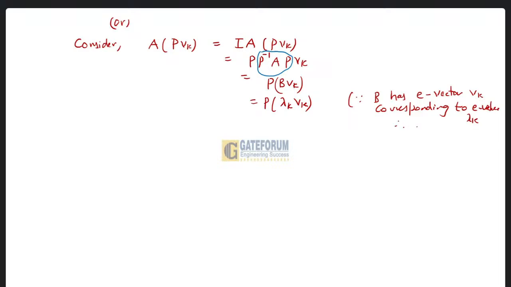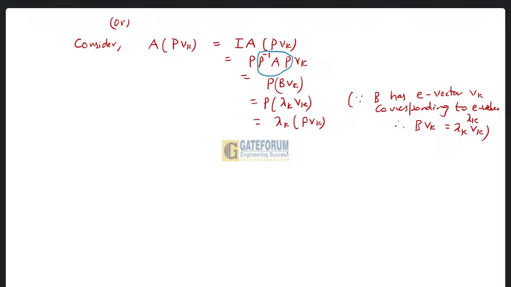Therefore, the relationship between matrix, eigenvalue and eigenvector is B into Vk is equal to lambda k into Vk. Am I correct? Ax equal to lambda x is the definition. So now this I can write as lambda k into P into Vk.